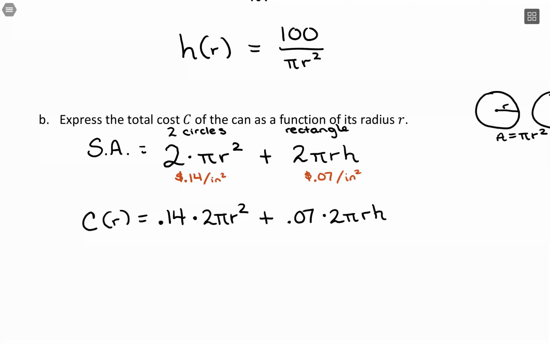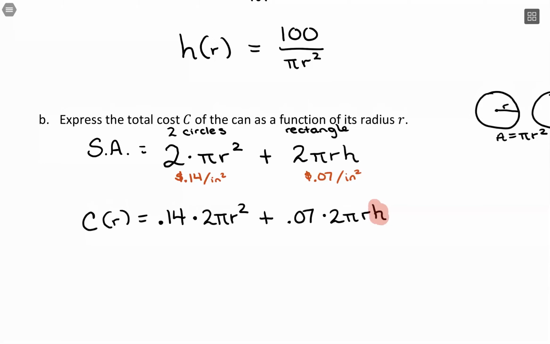Now, I'm going to simplify. I have some numbers I can multiply together here, but I also have too many variables. Pi is good. Pi is a number. I have r, which is exactly what I want, but I have h coming up here, and that makes it one too many variables. But I have this relationship that h is the same thing as 100 over pi r squared.